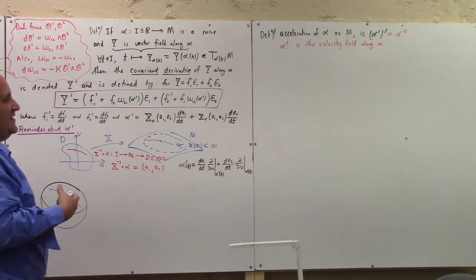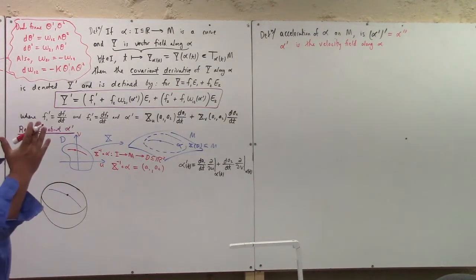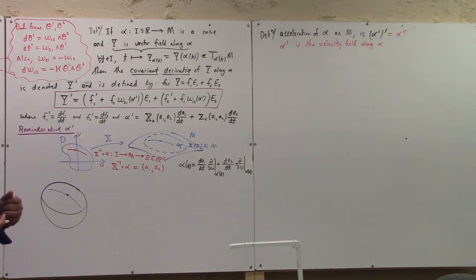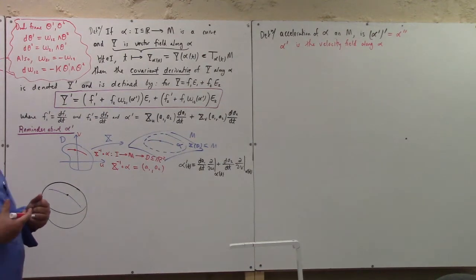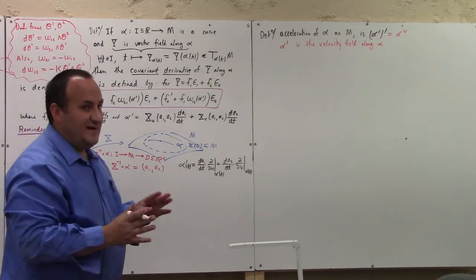So alpha prime is the velocity field along alpha. That is a vector field on the surface, right? But the second prime is the covariant derivative of alpha prime along alpha. Why do we make this distinction? Well, the first prime does not involve connection coefficients.